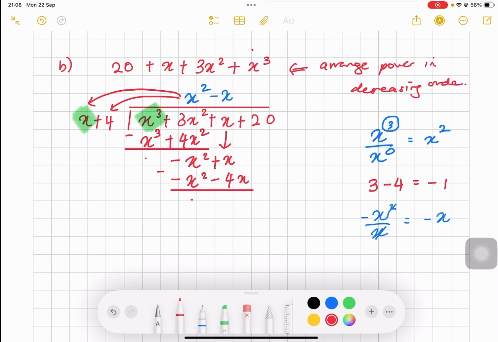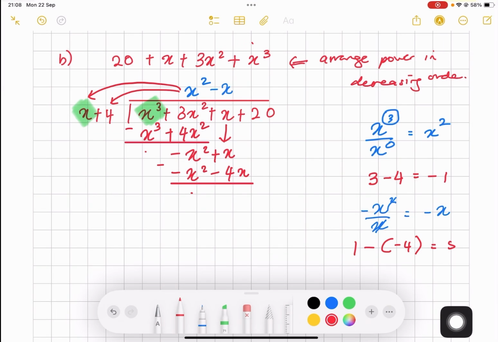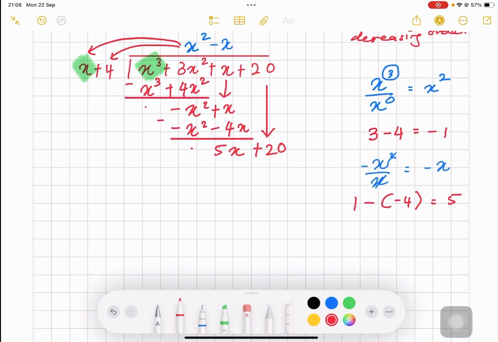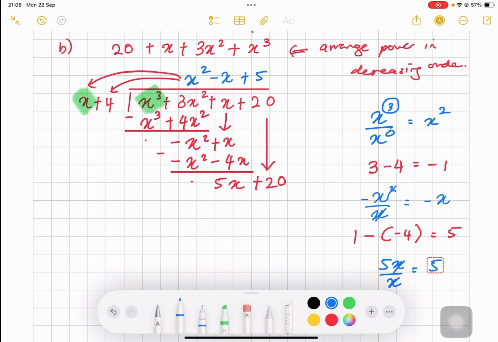Then 1 minus negative 4, 1 plus 4 is 5. Positive 5x. Bring 20 down. Then do the same thing, x cancels, you get 5.